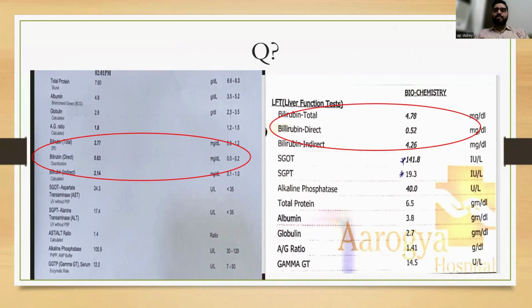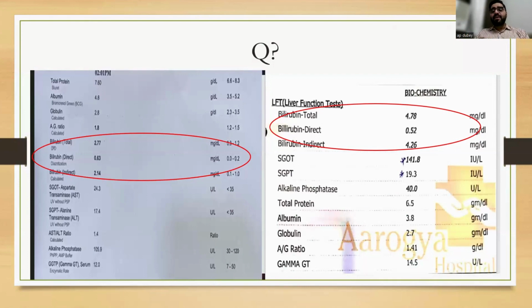As I have said, indirect hyperbilirubinemia is caused by inherited disorders like Crigler-Najjar, Gilbert, as well as hemolysis. In inherited disorders, all other LFTs will be normal, like in the left slide. So it will be an inherited disorder, Gilbert syndrome.